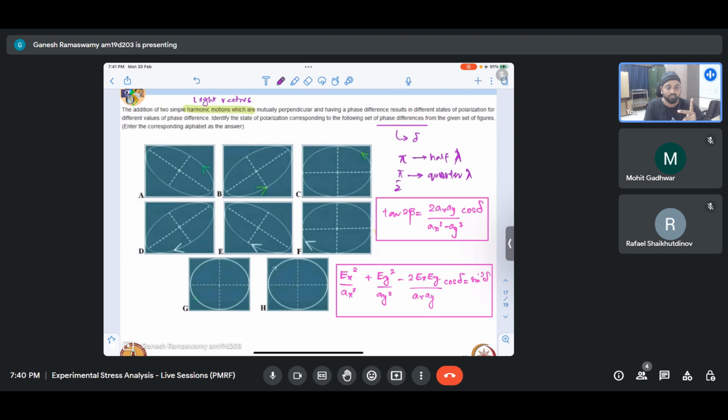Now, how we rotate is how we control the azimuth. So the axes of the light ellipse coincide with the fast and slow axes of that quarter wave plate.